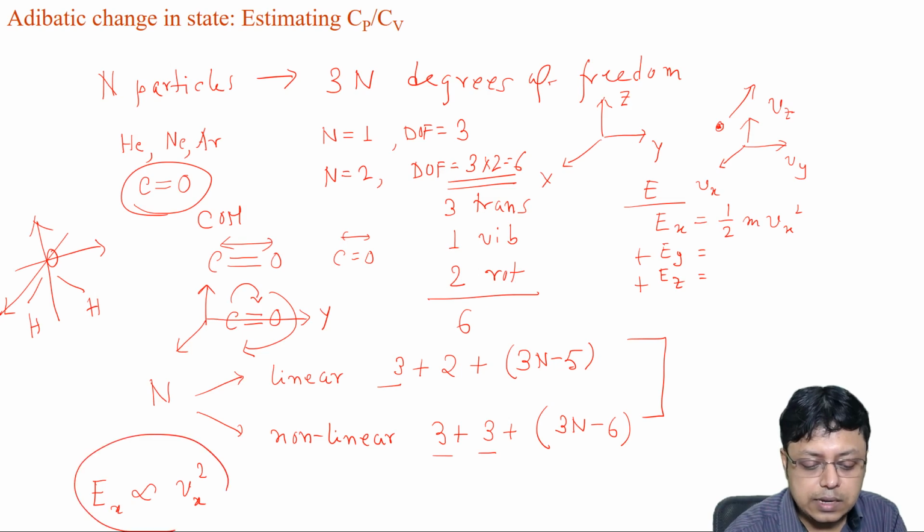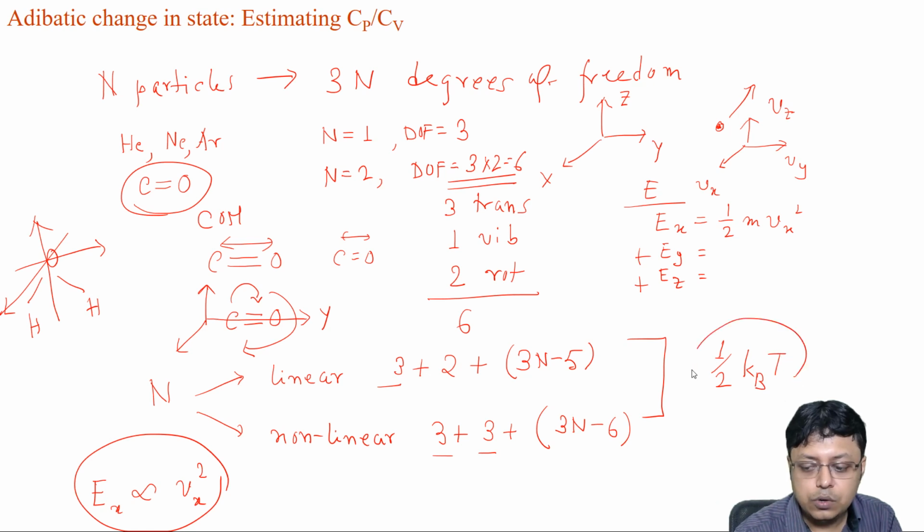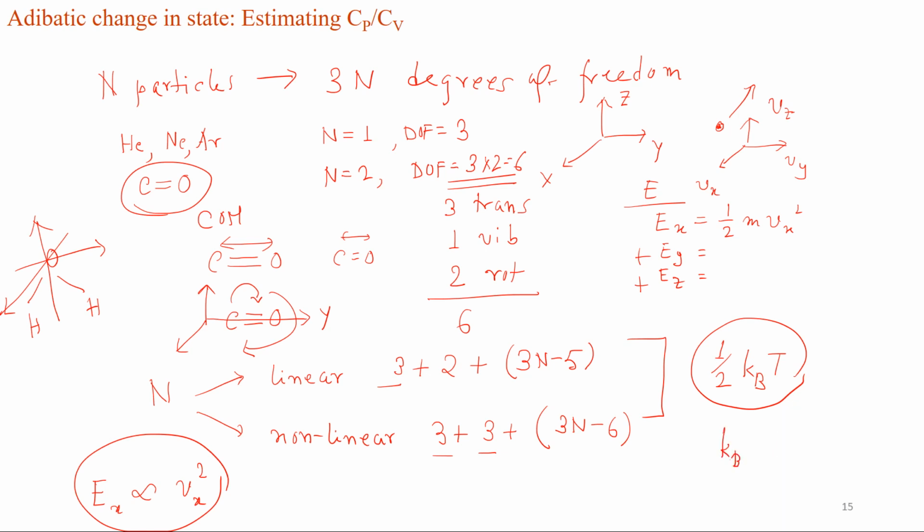So if this is the case, then each degree of freedom, or each motion, contributes half kBT amount of energy towards the total internal energy of that molecule, where kB is the Boltzmann constant defined by the molar gas constant divided by the Avogadro number.